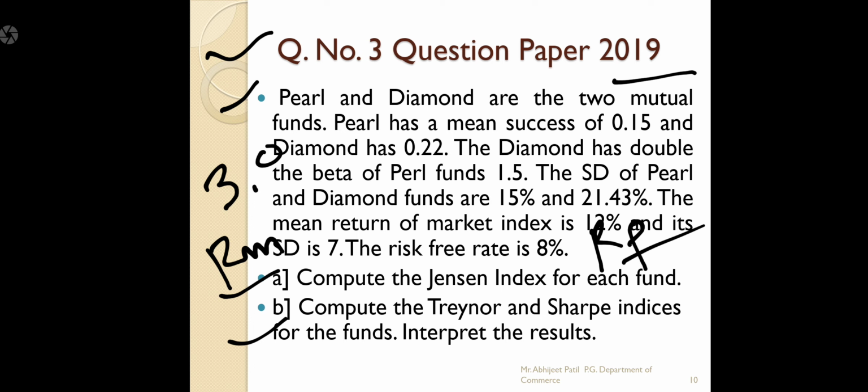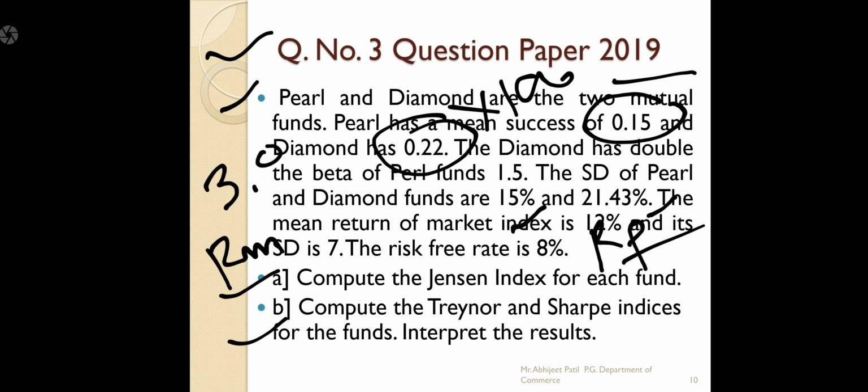Overall, two mutual fund performances are given, and based on that you should find your Sharpe, Treynor and Jensen's. The only things where we still get confused in these problems are that the beta is given indirectly, and second, the actual return is given in decimal points. So this return has to be converted into percentage, because the remaining information is given in percentage.